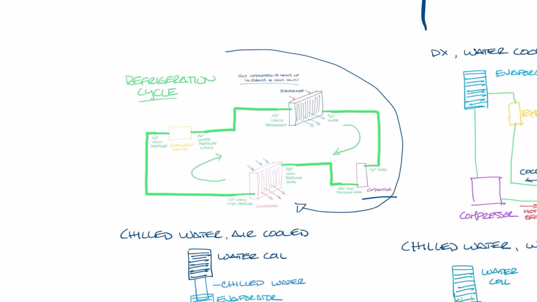The refrigerant then goes to the condenser where a fan blows air over a heat exchanger or coil, and the heat is rejected to the outside. From here, the cooler refrigerant goes to the expansion device where it becomes a cold, lower pressure liquid, which is sent to the evaporator. And then here, a fan blows over the cold liquid refrigerant, which cools the air that is sent into the computer room to cool the equipment. This is essentially a CRAC unit, and it operates much like your home air conditioning system works.